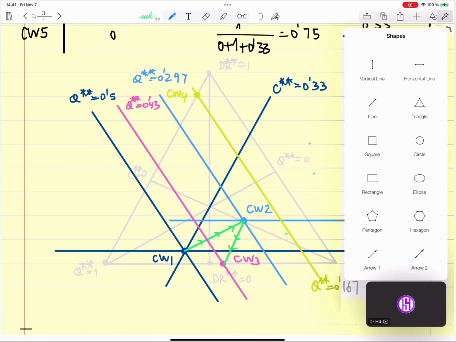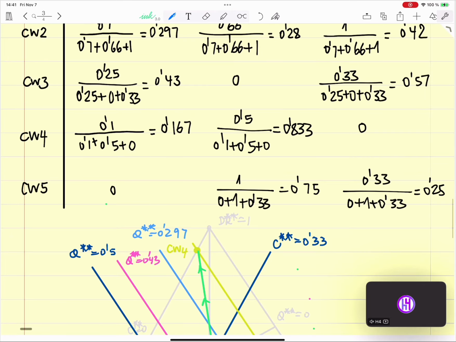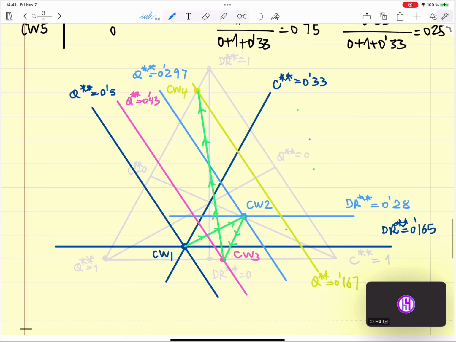Now we paint then the dynamic. And the organization moves all the way up. And for calendar week 5, we have the quality at 0. I need another color. Let's say I take this. So the quality is at 0, so it's going to touch this line.